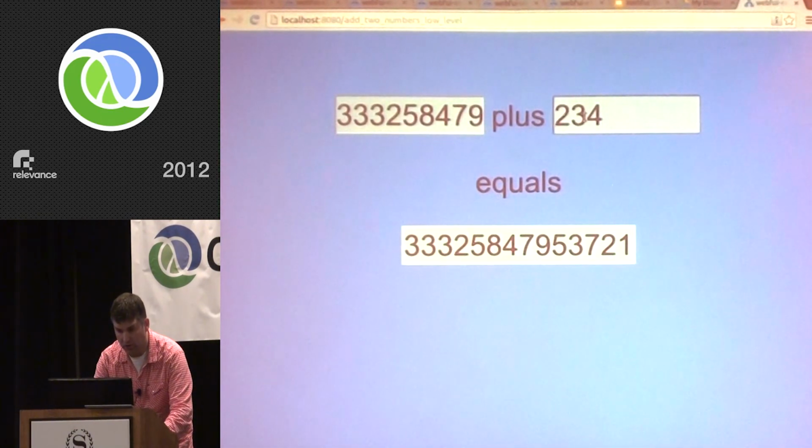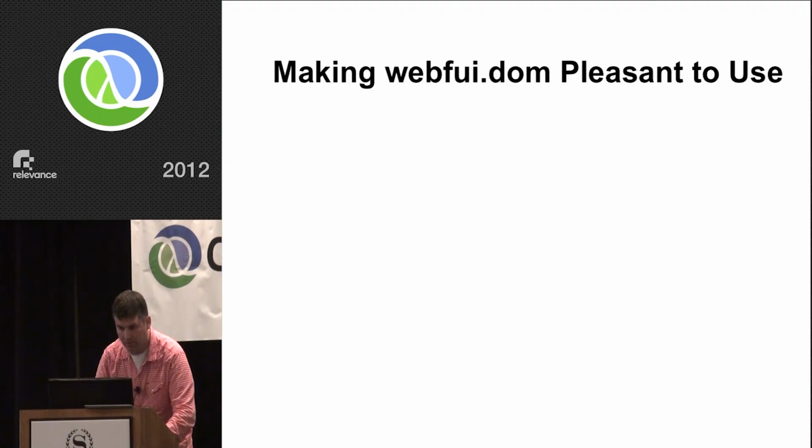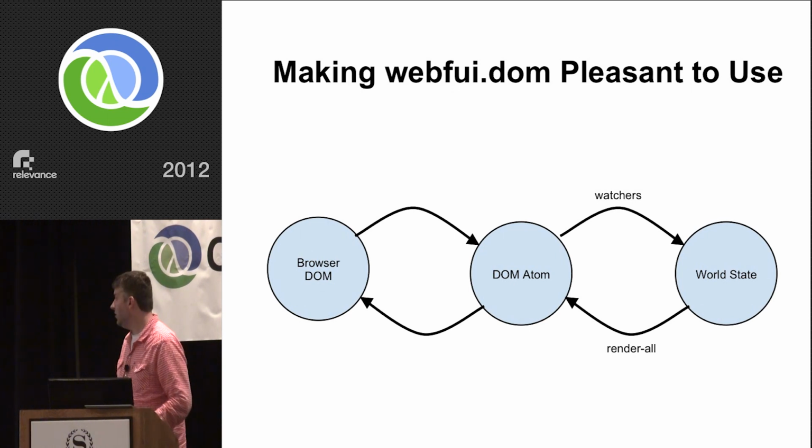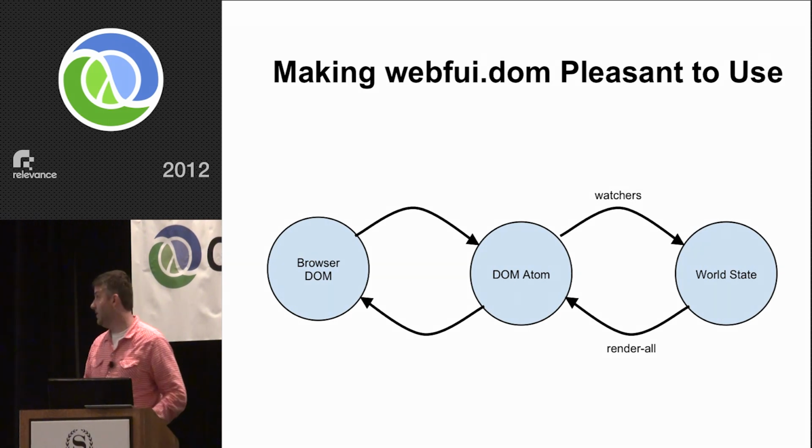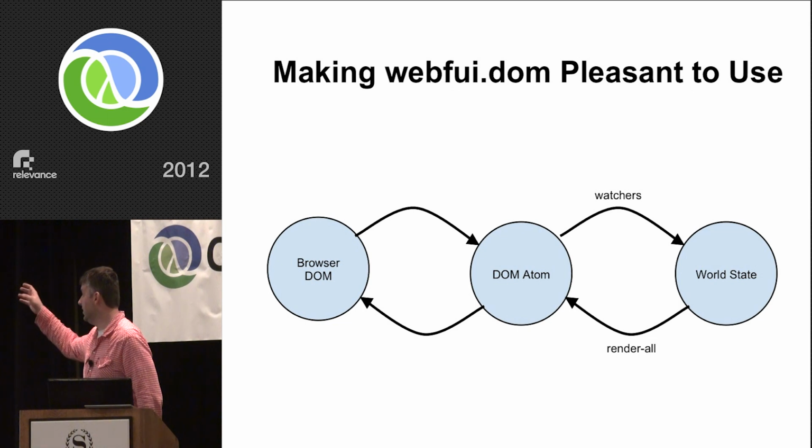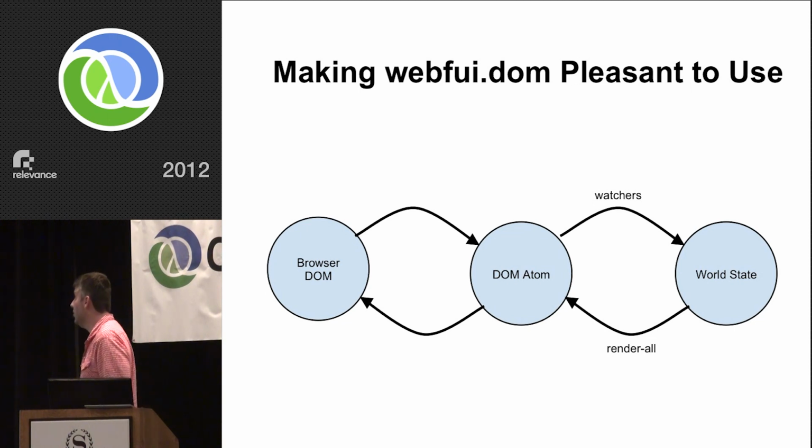But as we saw, the code was really ugly for this. So how can we make it better? How do we make Web Fui pleasant to use? Well, what we want to do is add another item into this chain. We want to make this functional, and we want to have a world state object inside our program.